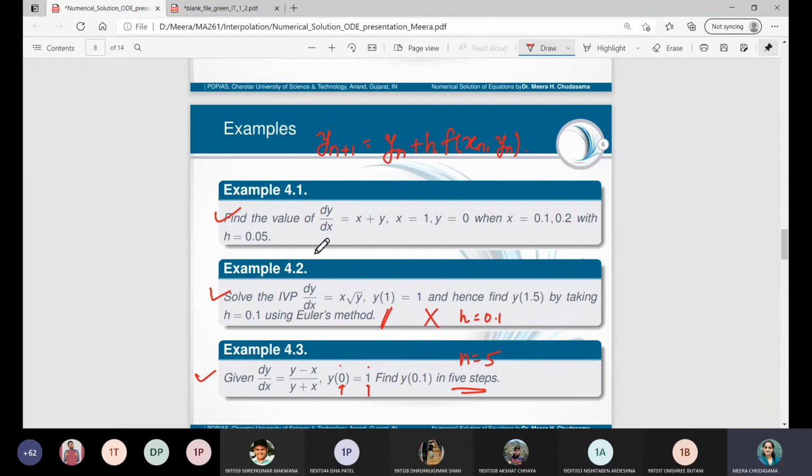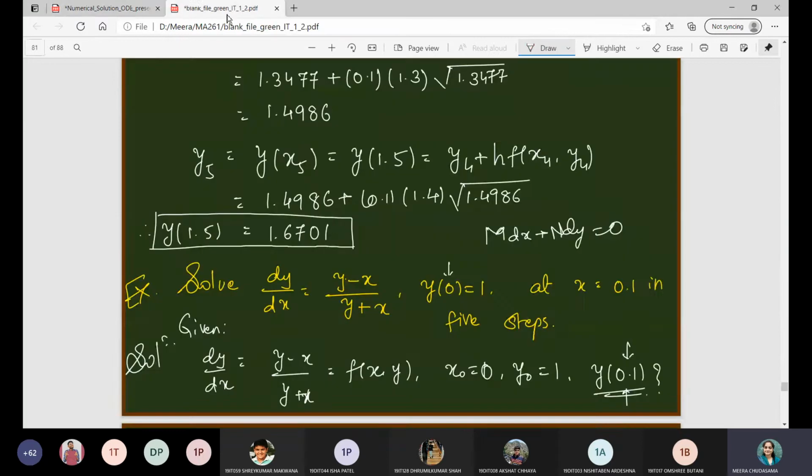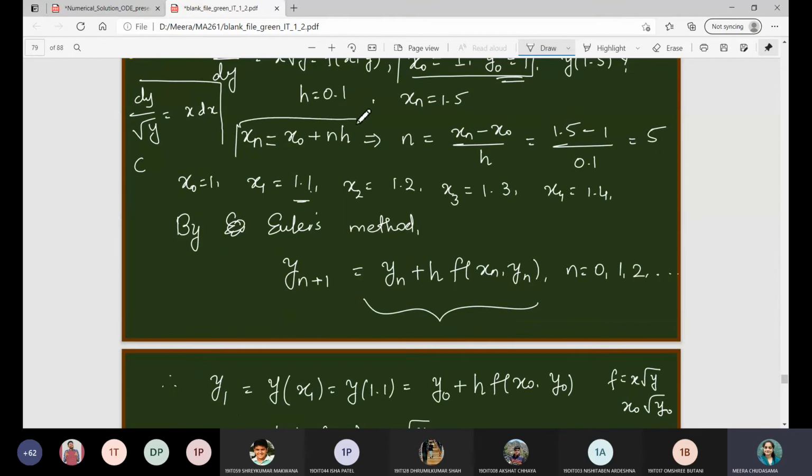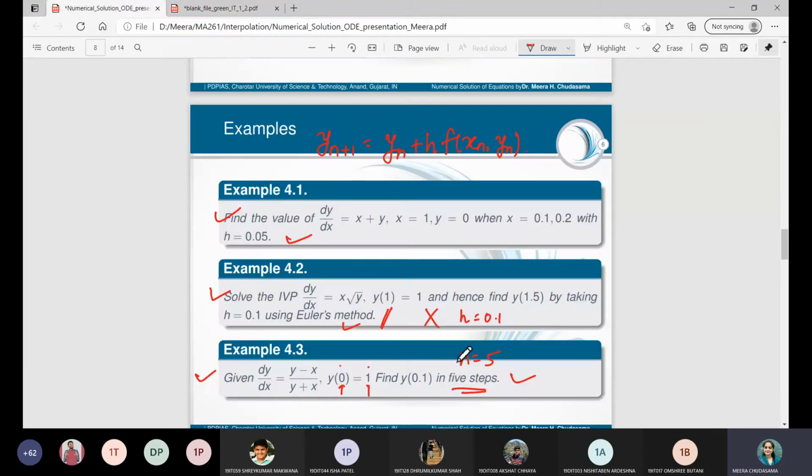So here h is given, iterations are not given. Here n is given, but h is not given, so that you can find from the formula xn is equal to x0 plus nh, how we approach the corresponding x values. So let me know, are these three examples sufficient to consider this method, or do I need to consider more examples based on this method? Please raise your hand if you agree these three examples are sufficient.